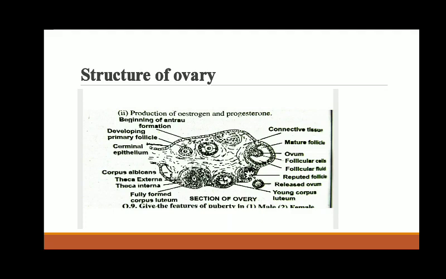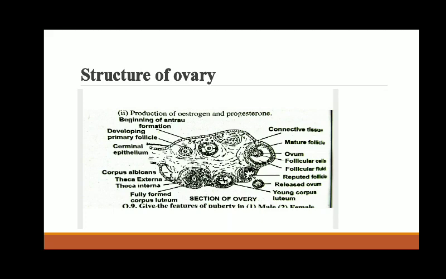Third one, the stroma. It is made up of connective tissue and divided into 2 parts. First one, the cortex, and second one, the medulla. The cortex is the superficial layer of dense connective tissue, and the medulla is located below the cortex and is made up of loose connective tissue.